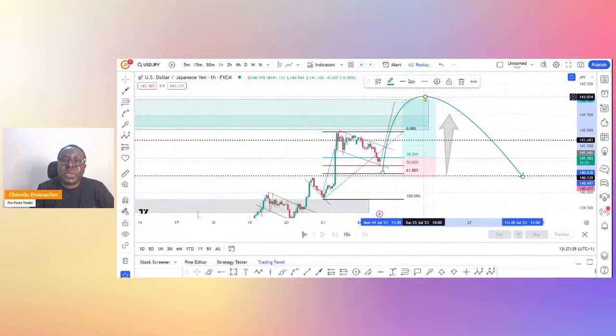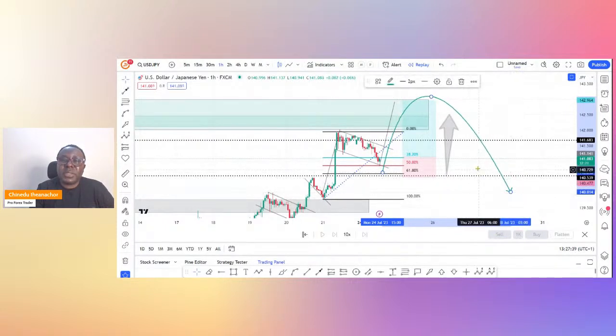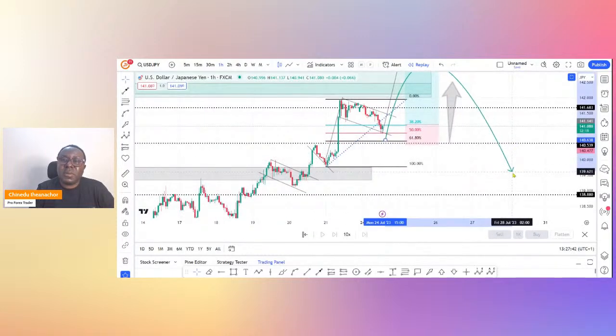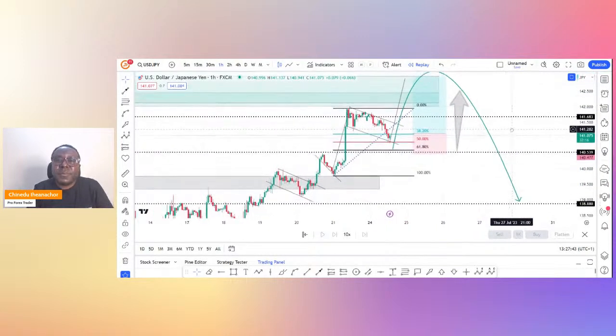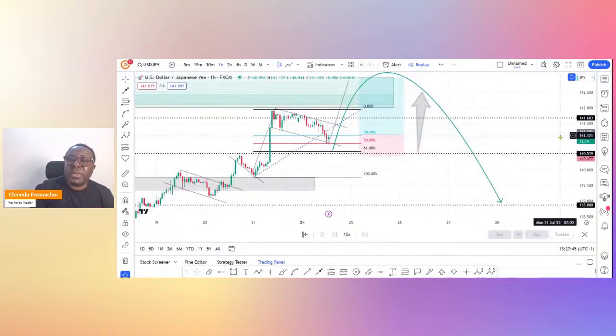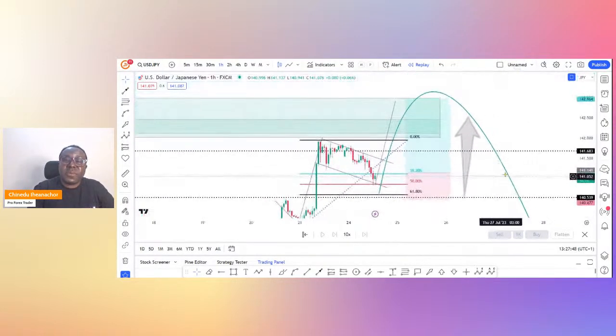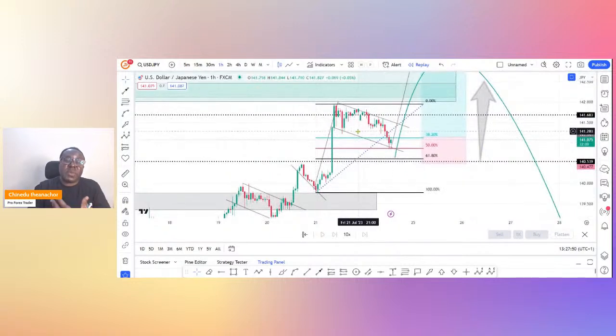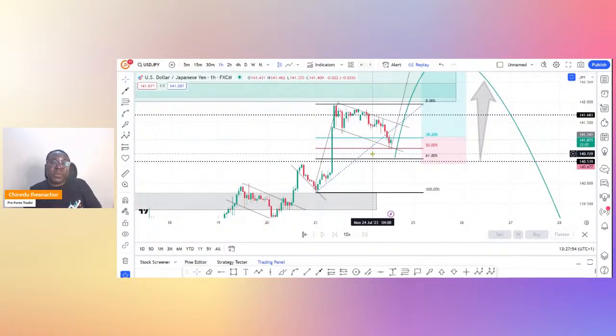Okay, just weakness of the dollar expected. We're going to see how this fares. Technically speaking, market has come to a level of correction.